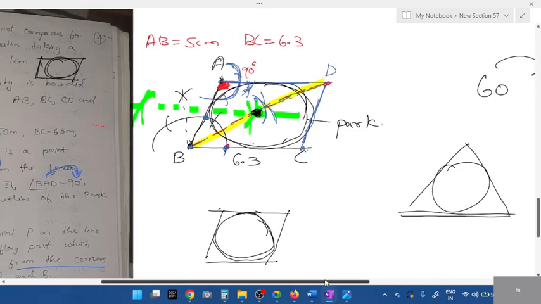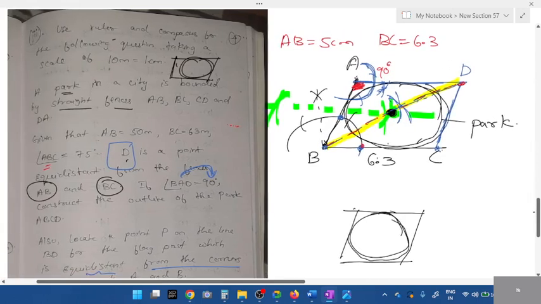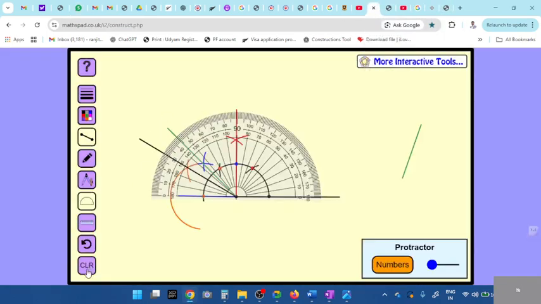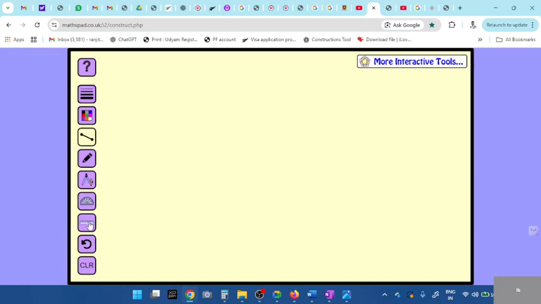Okay, let me do this calculation value now. You all have to tell me the values. BC is 6.3, 75 degrees, AB is 5 centimeters, BC is 6.3. So listen, BC is 6.3.